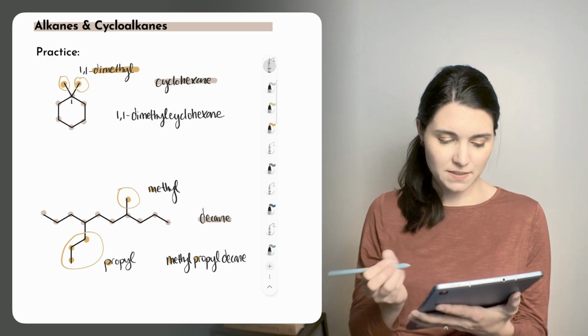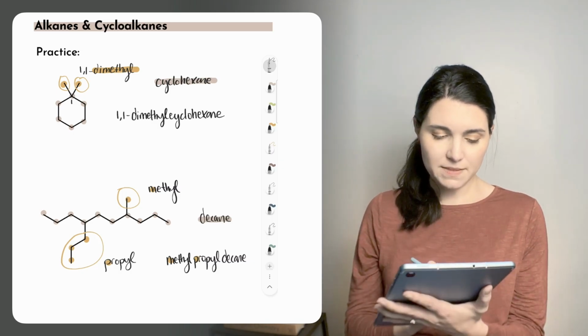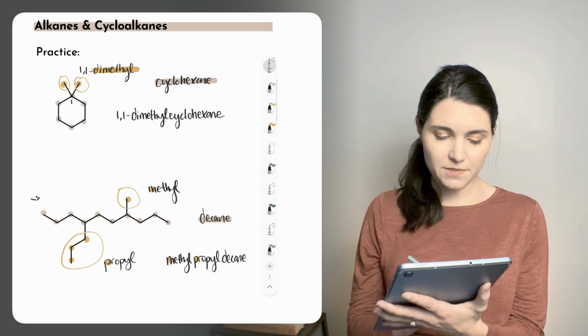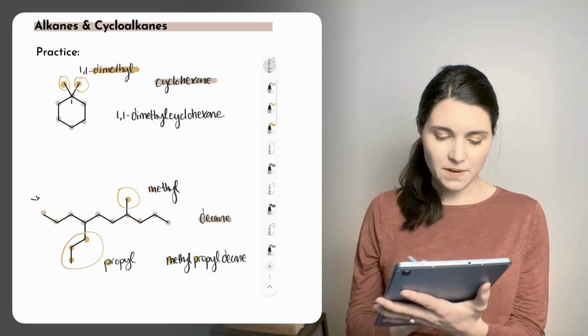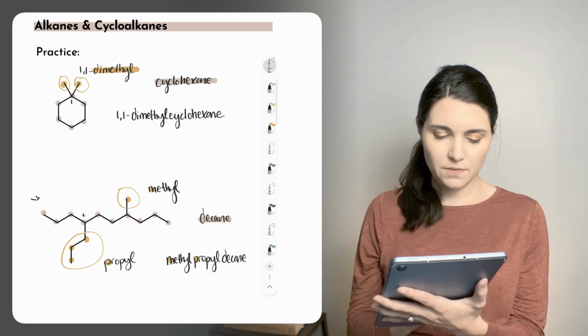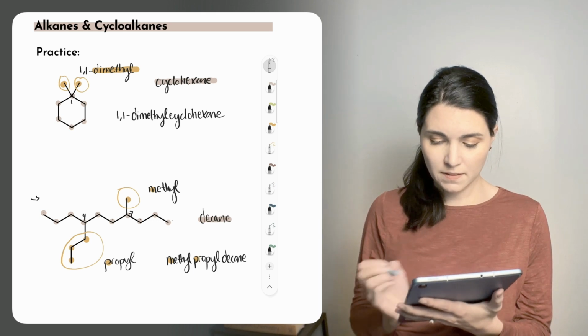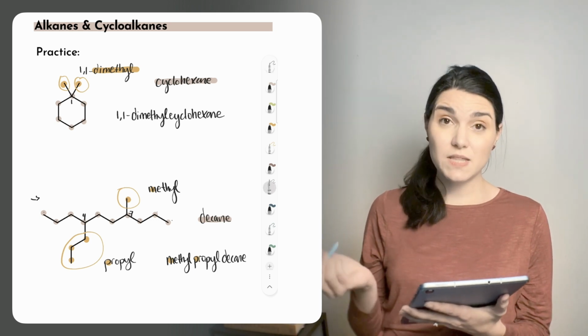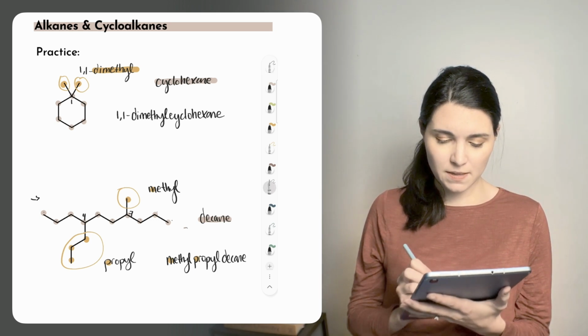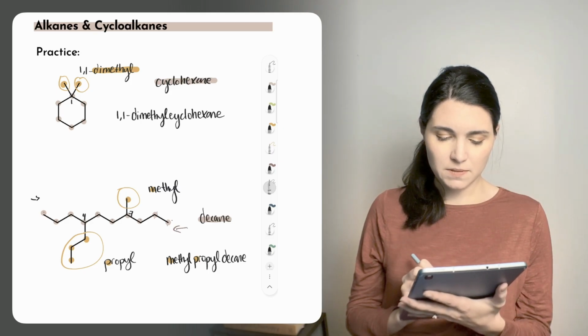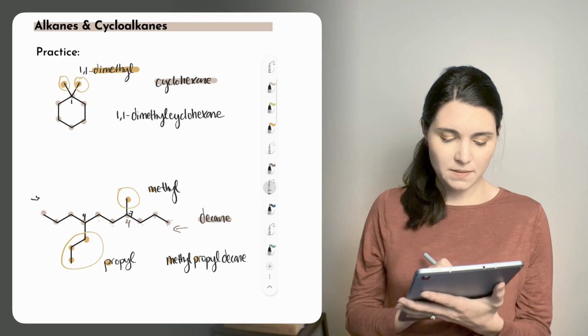All right, so let's go from left to right. I'm just going to write the numbers where the substituents are. Okay, so 1, 2, 3, 4, 5, 6, 7, 8, 9, 10. Or we can do it the other way from right to left in pink here. 1, 2, 3, 4, 5, 6, 7, 8, 9, 10.